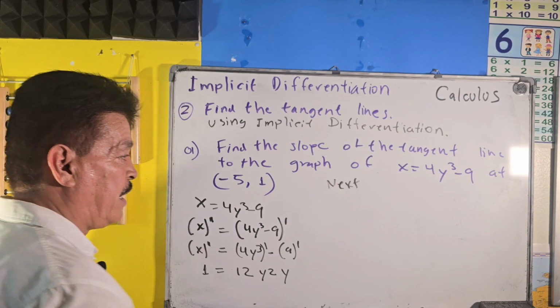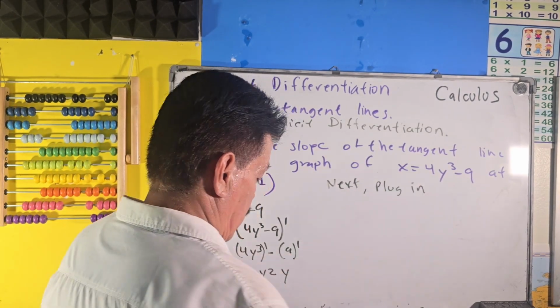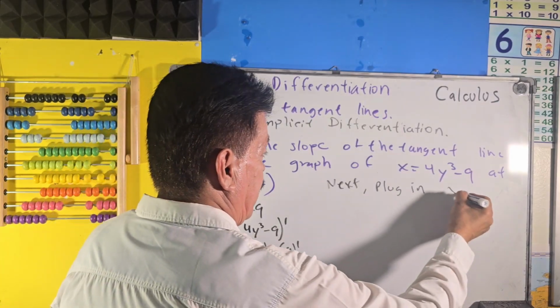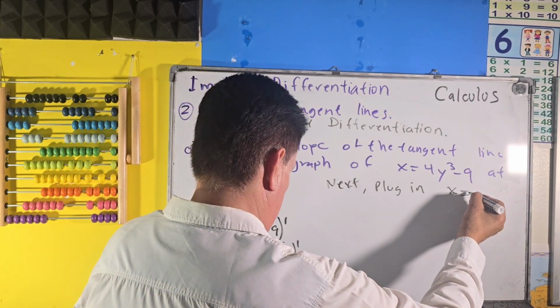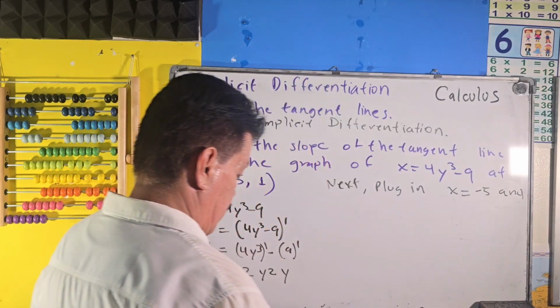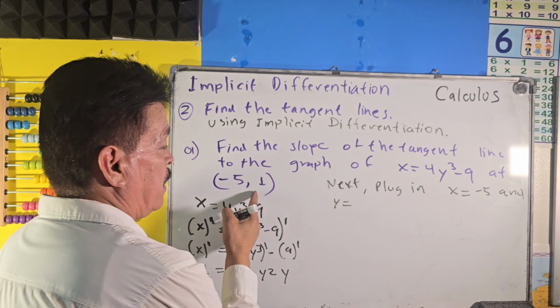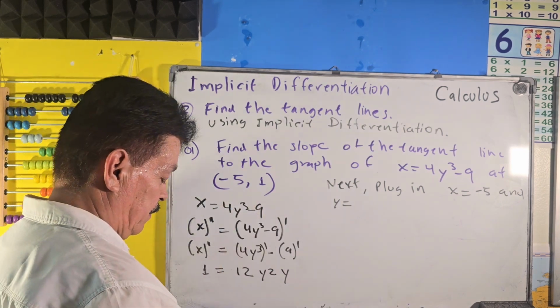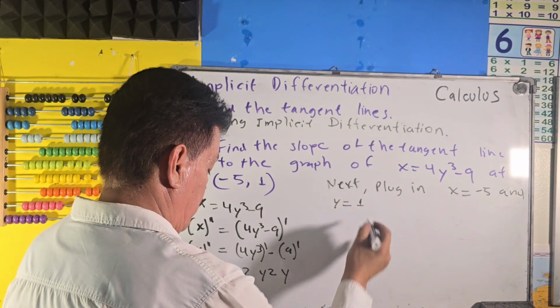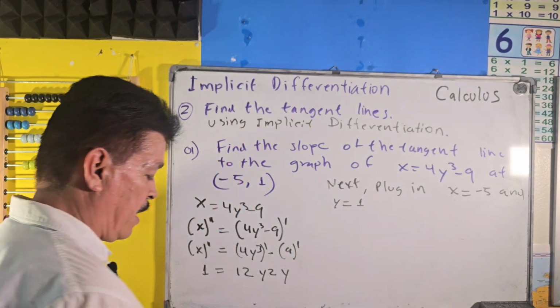So we have to plug in the point. Which numbers do we plug in? x equals negative 5 at the point, and y equals 1. Then solve for y prime.